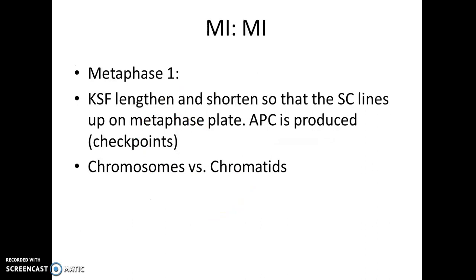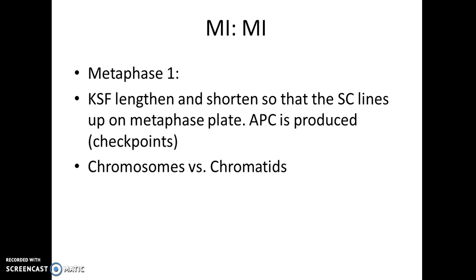Then we have meiosis 1, metaphase 1. The kinetochore spindle fibers lengthen and shorten so that the synaptonemal complexes line up on the metaphase plate. This is a checkpoint, remember, because if they're not lined up, it will not continue down meiosis 1. Now, APC, or anaphase promoting complex, is also produced.